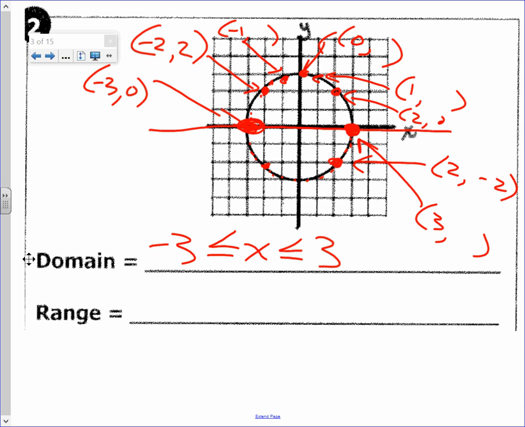So x is greater than or equal to -3. What else is x? X can be any number less than or equal to +3. If you look at all these values on this circle, the x value is going to be in between -3 and +3.